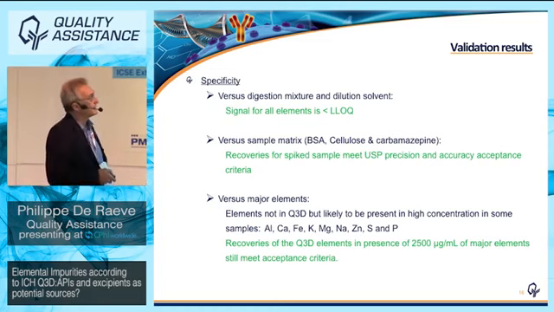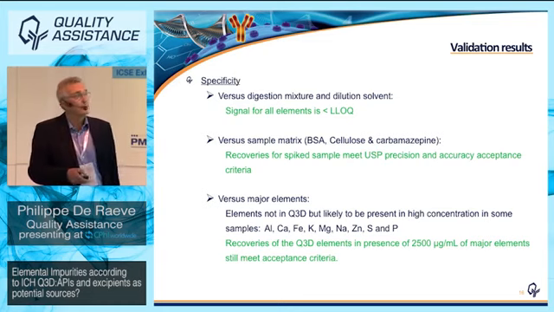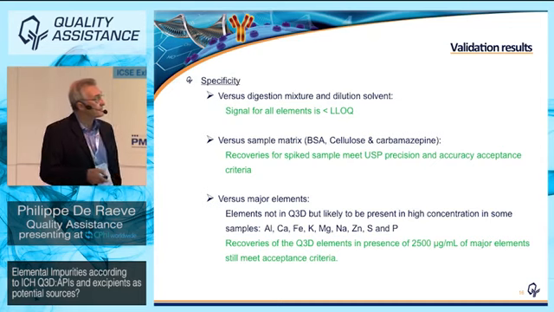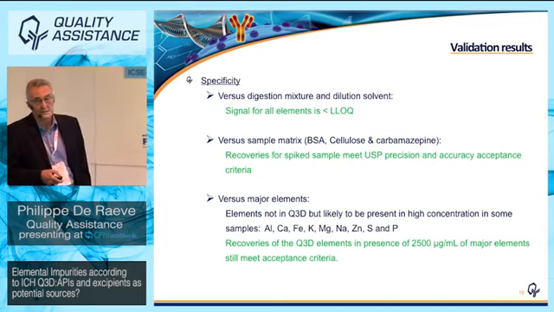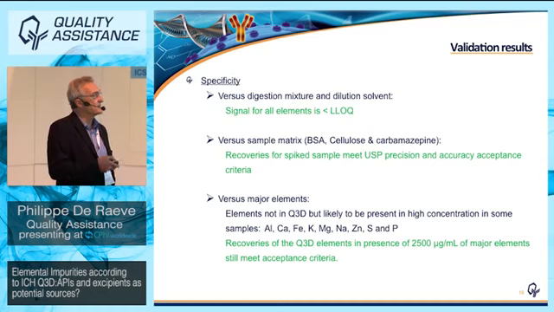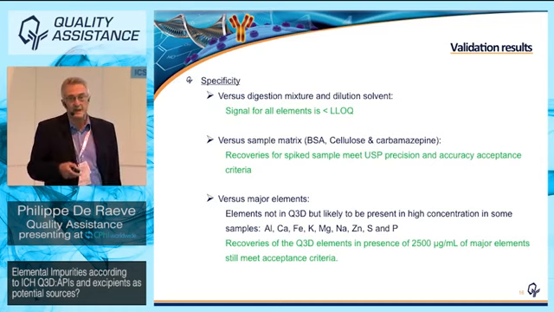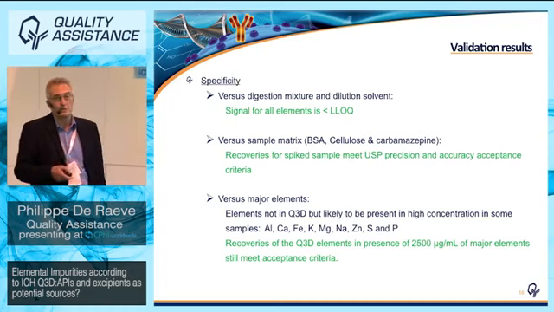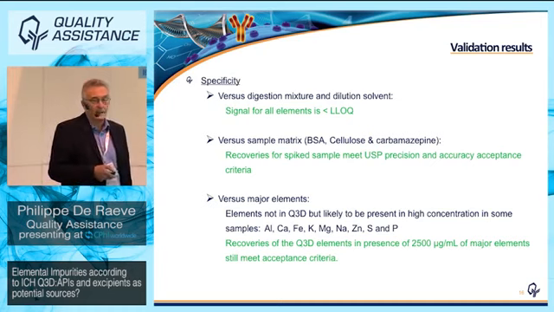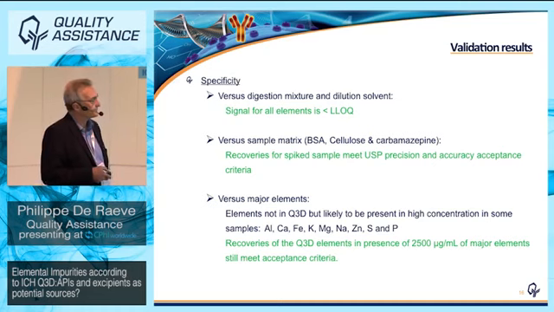We demonstrated that the specificity is okay versus digestion mixture and dilution solvent, but also versus the sample matrix for the BSA, the cellulose, and carbamazepine. We demonstrated that the recoveries for spiked sample meet the USP precision and accuracy acceptance criteria.